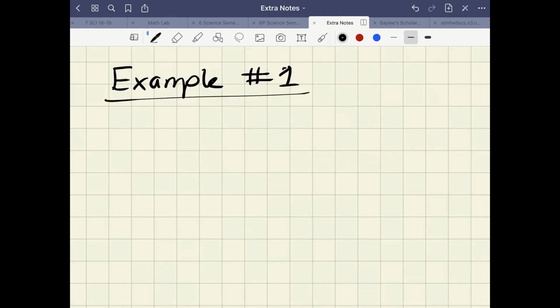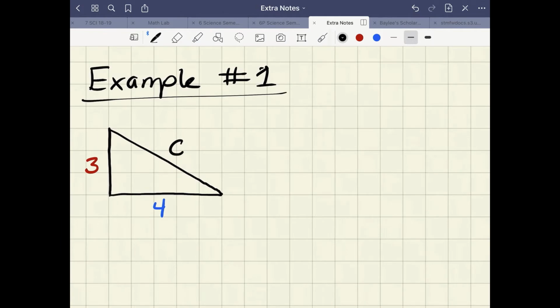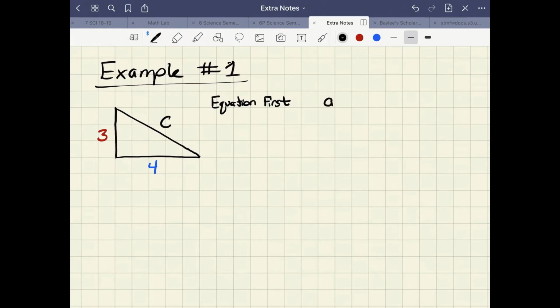Example number 1, we're going to have a triangle where one side is 3, the other side is 4, and we don't know C. So what we're going to do is write our equation first. A squared plus B squared equals C squared. The next thing that we do is plug in the values that we know.